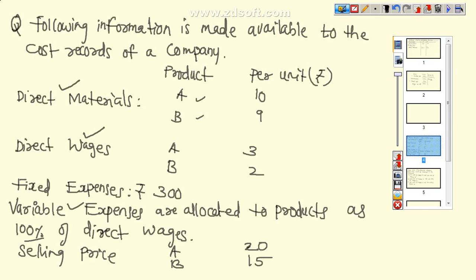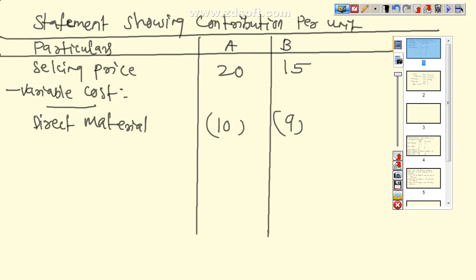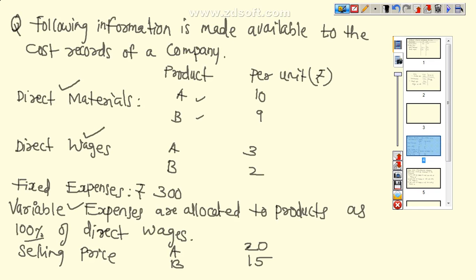And direct wages is also given. So we write it here, direct wages. Here it is 3 and here it is 2. And variable expenses is also given, allocated to product as 100% of direct wages. So 100% we write the same value. If it is 150%, then in that case we have to calculate separately.